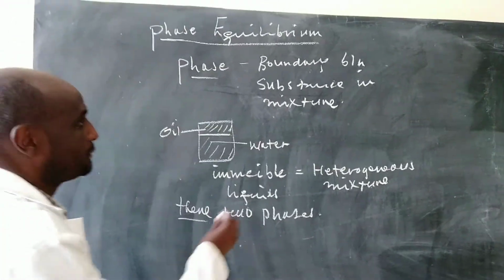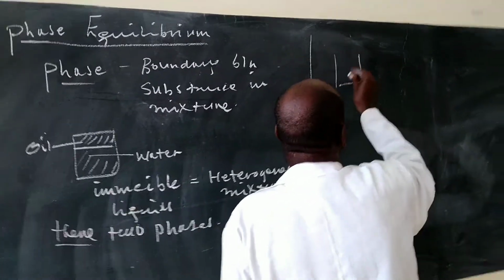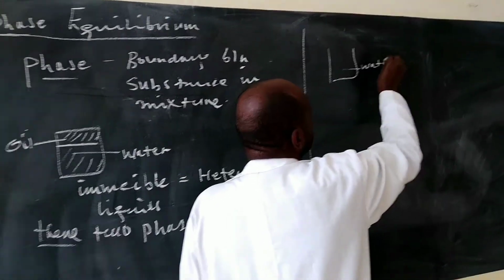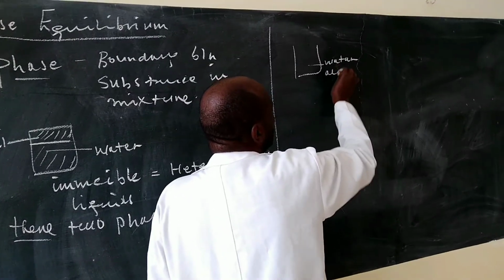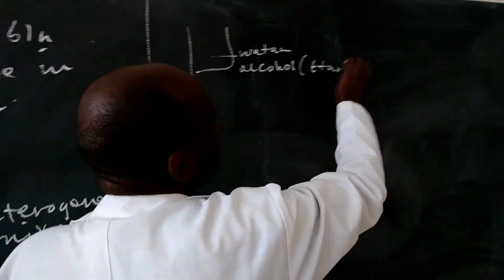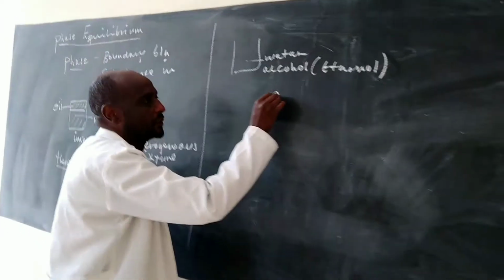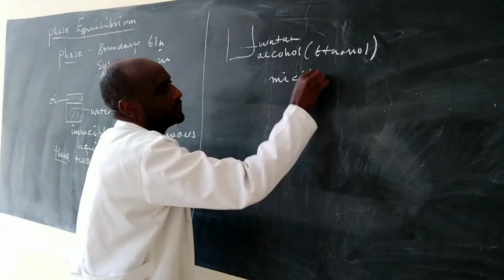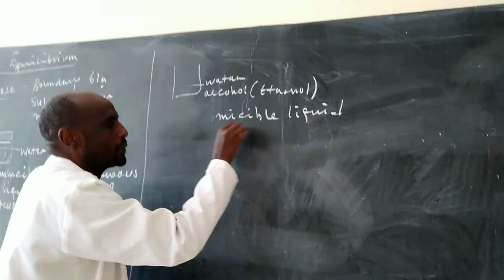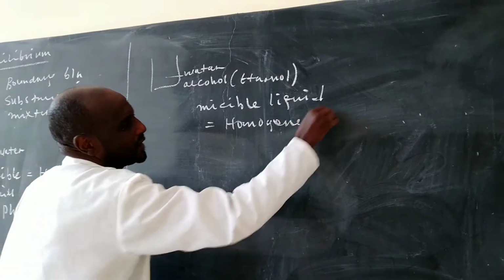And we have also, for example, if you take water and alcohol, let's say ethanol, these are miscible liquids. That means they form a homogeneous mixture.